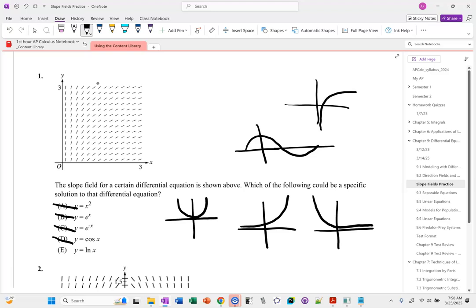And bingo, that definitely looks like what's going on there, right? So we feel okay as to the approach that I would recommend taking there. That seems the simplest to me. It's just, what do these graphs look like? Which one of those resembles the slope field I'm looking at?